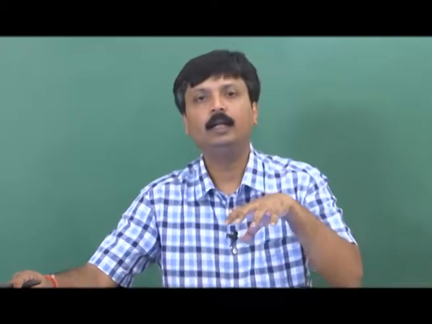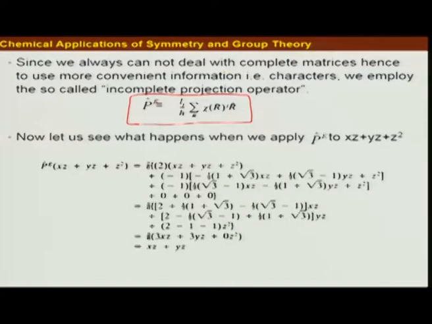Now let us verify whether this newly formed projection operator, known as the incomplete projection operator, in terms of the characters of the particular jth irreducible representation, gives the same result or not.